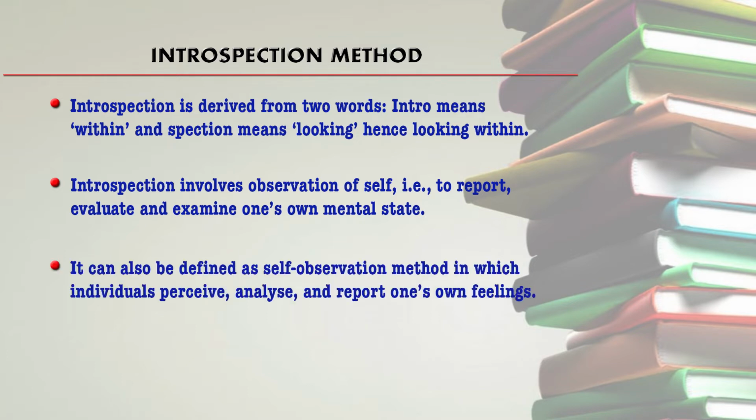It can also be defined as a self-observation method in which the individual perceives, analyzes and reports his own feelings. So in this method, we basically look into ourselves, we introspect ourselves.